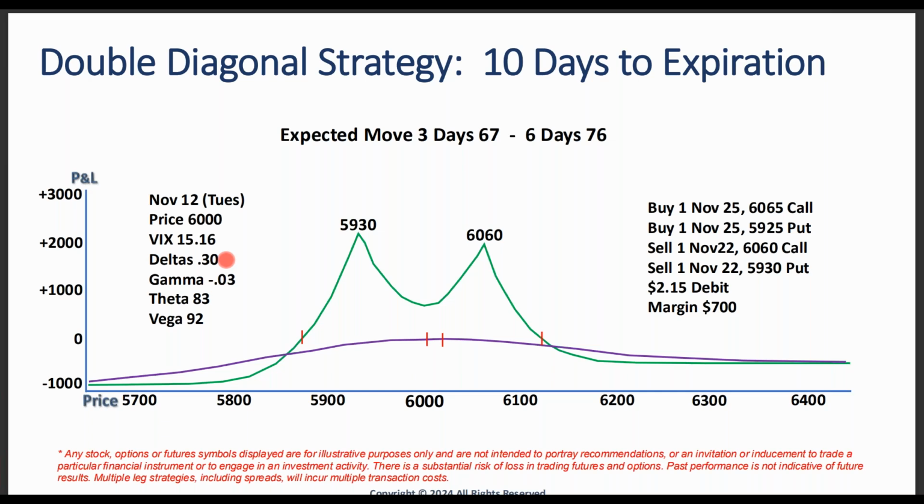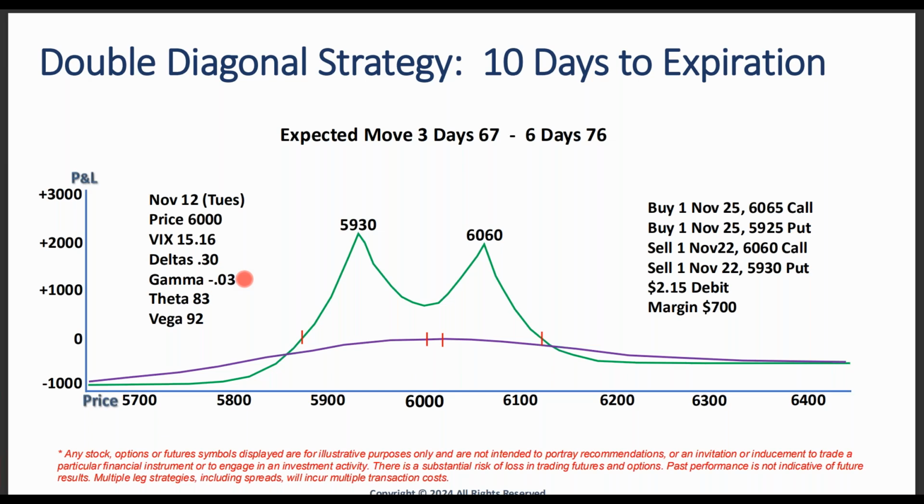Gamma, you can go to the next one, Andrew. Gamma is minus 0.03. Anything minus 0.03, minus 0.02, minus 0.01, it's not good or bad. Gamma is just saying if the SPX goes up or down 1% or up or down 2%, do the deltas change a lot?